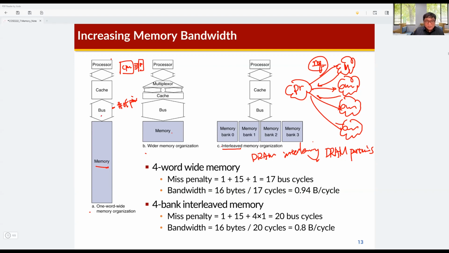So we cannot use many pins. The bus is narrow, but what's the problem? Only one DRAM is connected to this bus. The problem is that because the DRAM is very slow, it will take a very long time to receive data from the DRAM sequentially.